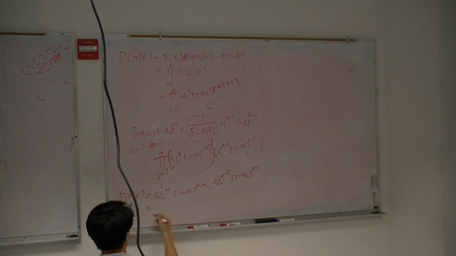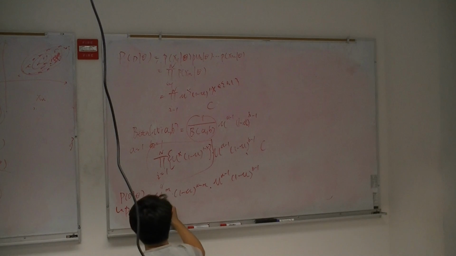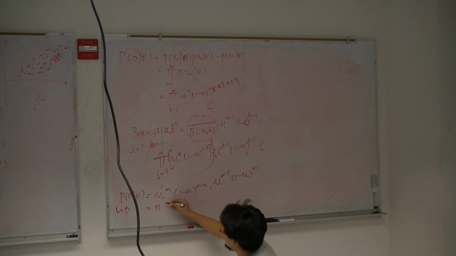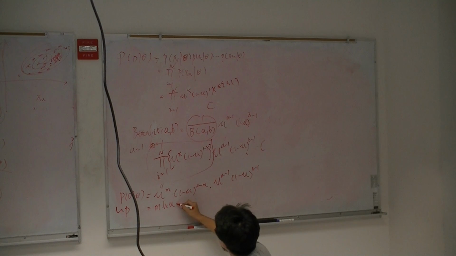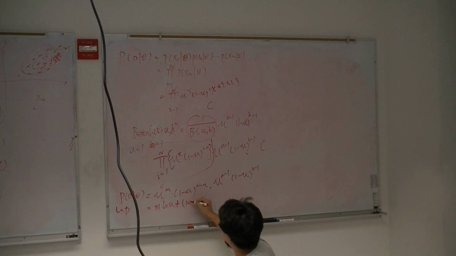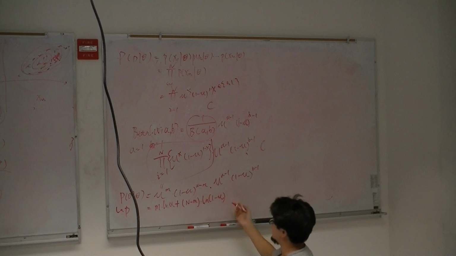So if you take the log form of this p, we are going to have m plus n minus m times log 1 minus mu, and minus mu.